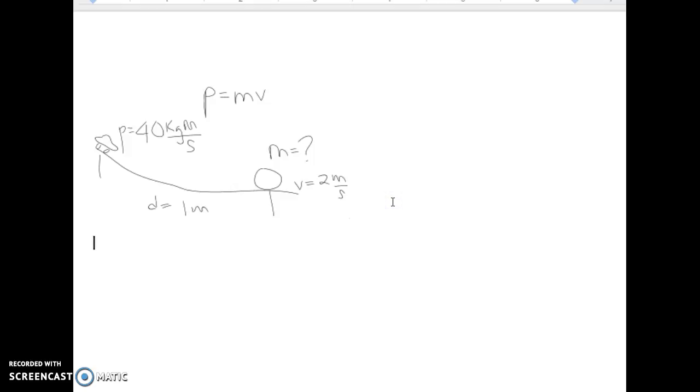So now underneath here, we have the momentum of the ball is equal to 40 kilogram meters per second, and that's actually equal to the mass of ball 2 times this 2 meters per second. So times 2 meters per second.